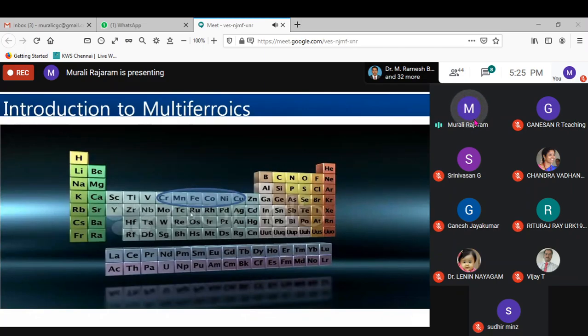This is because for magnetism the d orbital should be partially filled, and for ferroelectric materials the d orbital should be empty, 0. So you have an exclusion principle: you can't have a ferroelectric material where the d orbital is partially filled, or a magnetic one where the d orbital is completely empty. That is why having materials with both ferroelectric and ferromagnetic properties is very difficult.